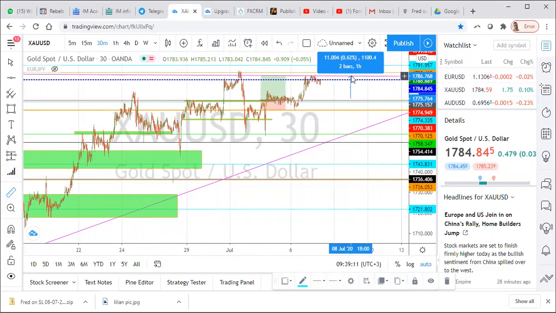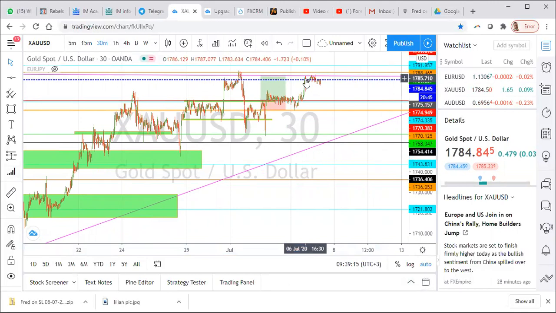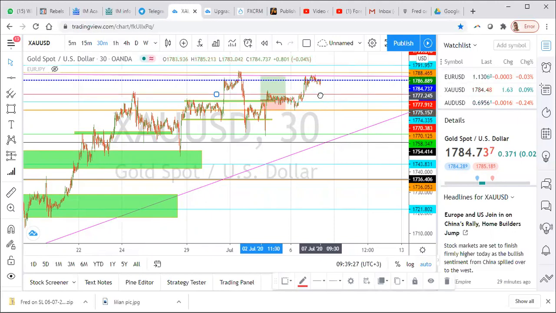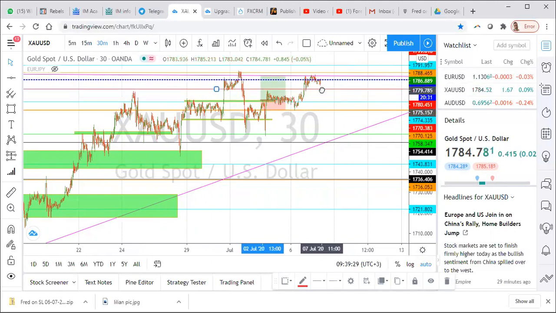So let's see. Okay, gold is forming a bullish flag. I feel like it'll retest the previous low, which it has done. If you guys can see, let me show you something. This is a previous low, so it's kind of in this range.